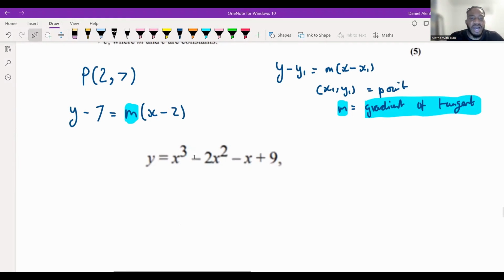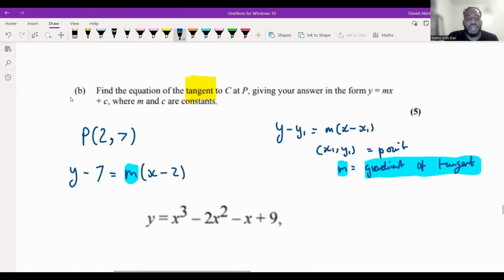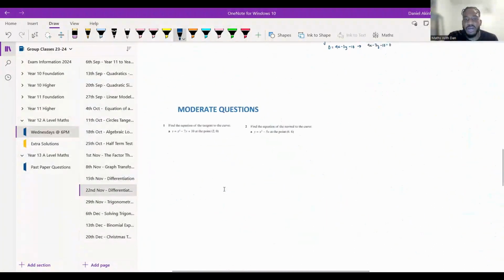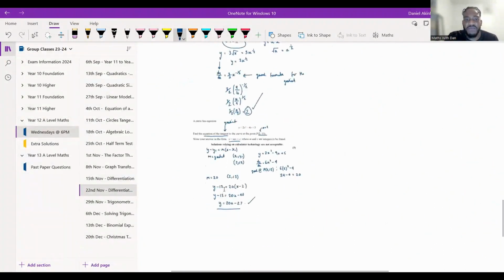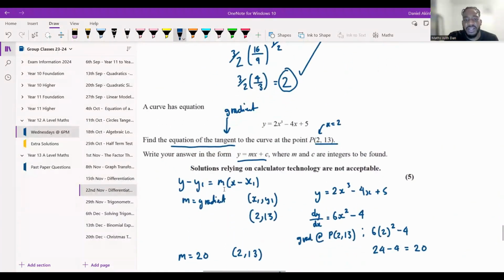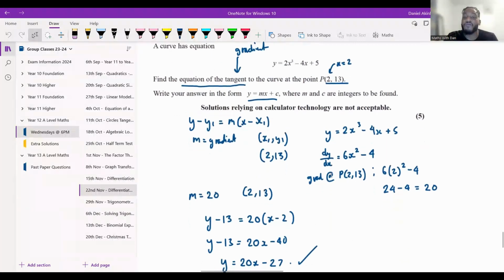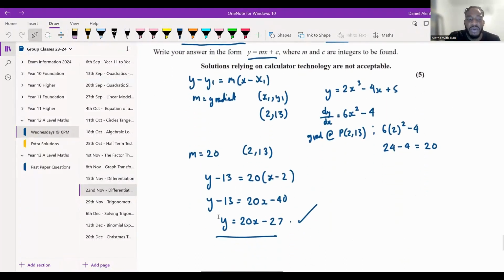Remember, guys, whenever you're finding the gradient of a tangent, you need to differentiate. Tangent is a key word. Let's go back to when we did it here. I think we did it for one of the final answers. Find the equation of a tangent, gradient. How do you find the gradient? You differentiate. Remember, we did this a couple of weeks ago.